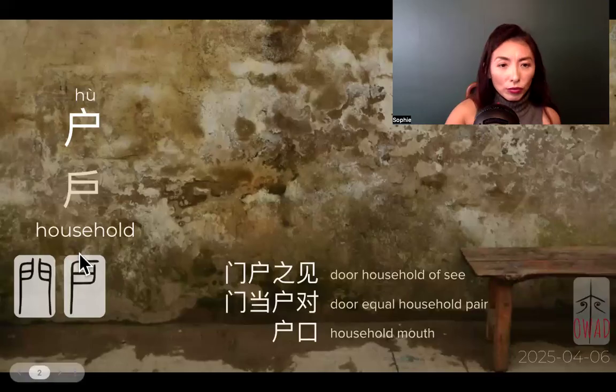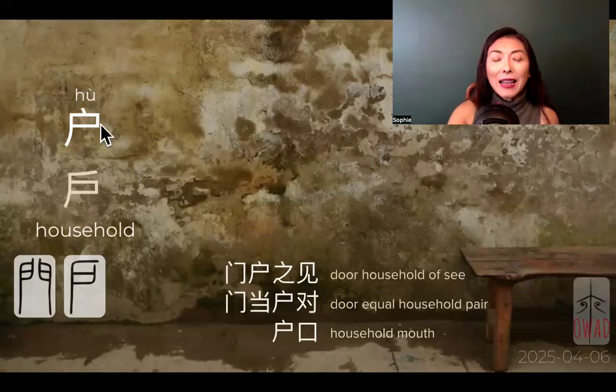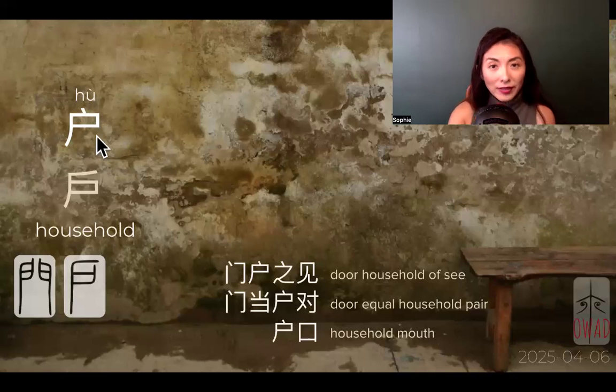So, hu. This is simplified, traditional, and you can see it's kind of a carryover, the stroke sequence from the 2000 years ago dictionary. And here it is super simplified into a dot. Starting from simplified Chinese here, I have no way to associate this with the double panel door. The two both have a dot on the top.